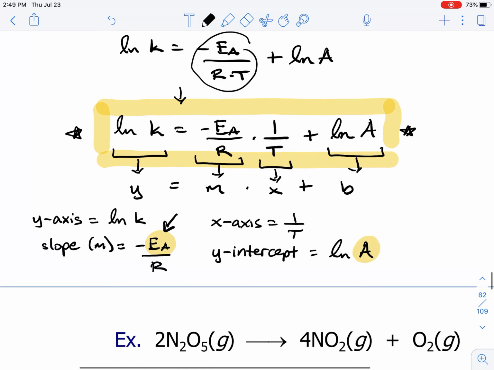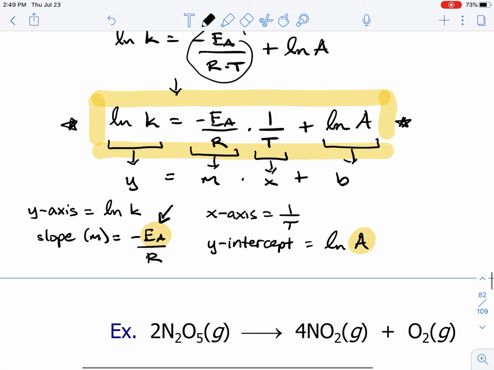And so here we have our first example. We have 2 moles of dinitrogen pentoxide, and it's going to decompose to produce 4 moles of nitrogen dioxide and 1 mole of oxygen gas. And so the main question that we're trying to address here is, what is the activation energy for this reaction?